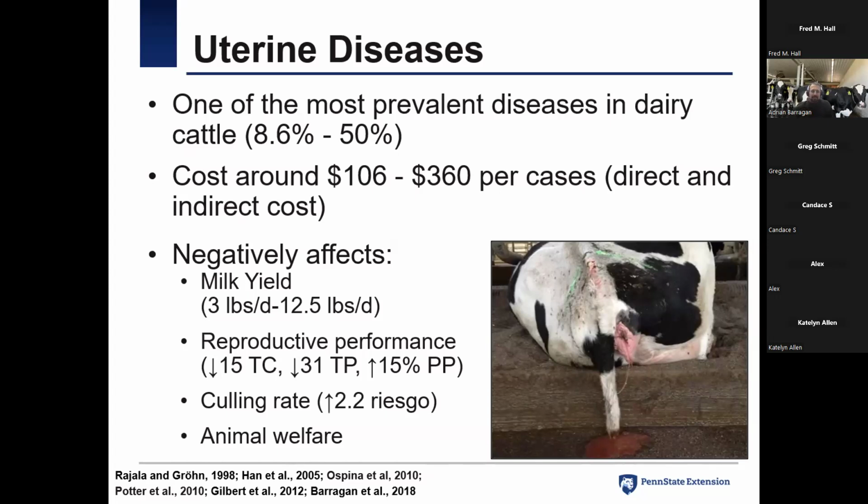The negative effects are on milk, fertility, and an increased risk of those animals being removed from the herd, and it affects animal welfare. There is a lot of data, especially from our lab. We have a couple of papers showing that it affects behavior, nociceptive pain, biomarkers, and so on. So we know it is definitely affecting welfare, and we have to do something about that.